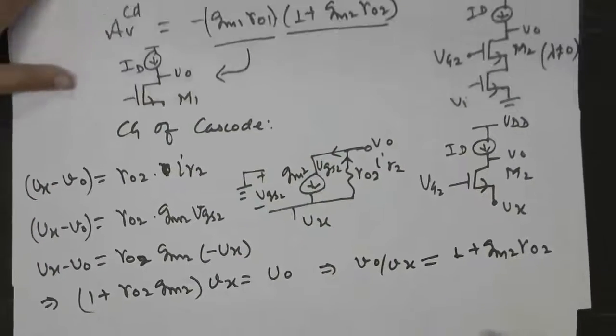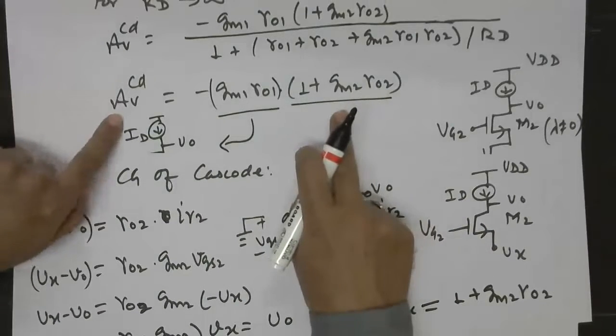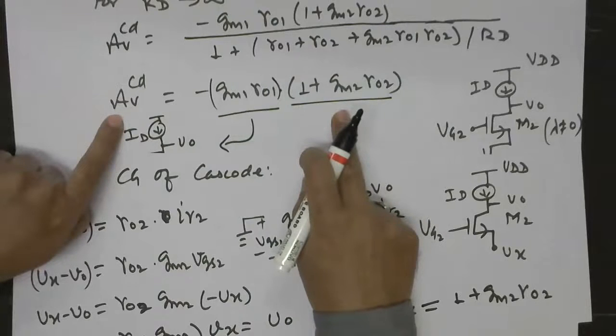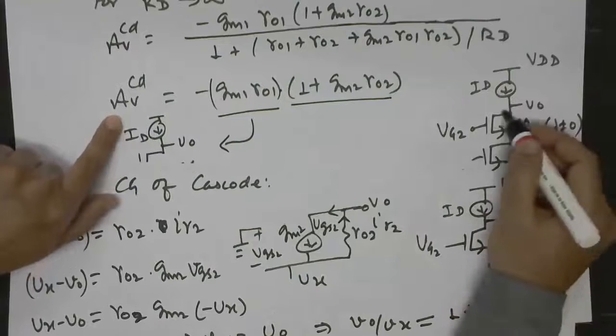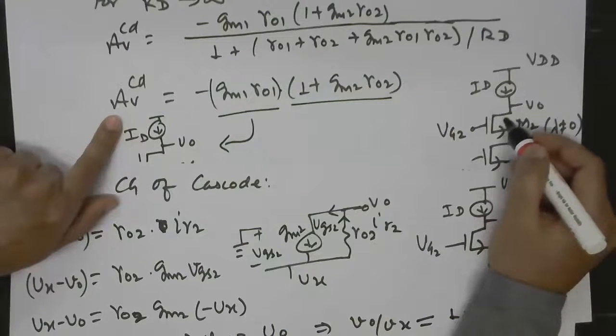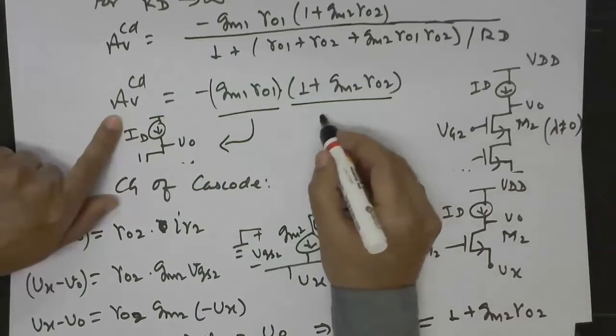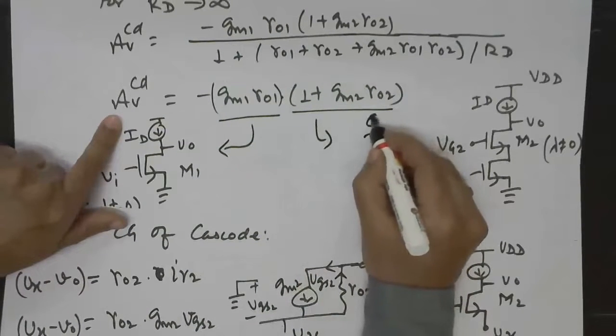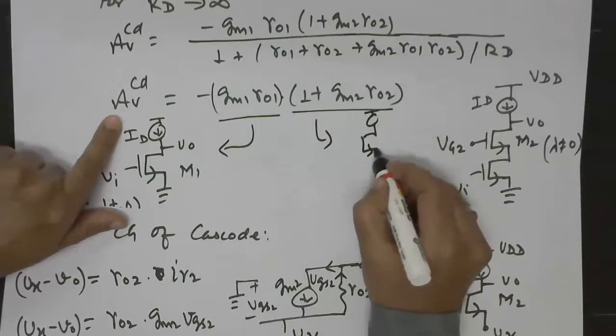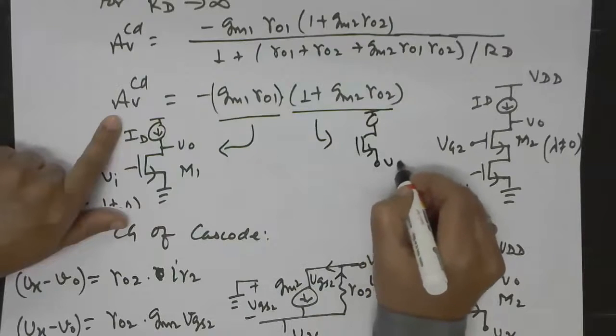So what we got here when we found the voltage gain, the second factor is basically the voltage gain offered by the second MOS, that is the common gate configuration. So this is the gain of this configuration.